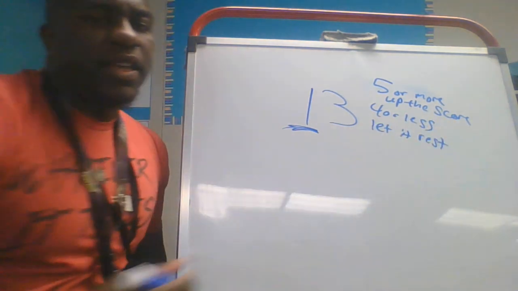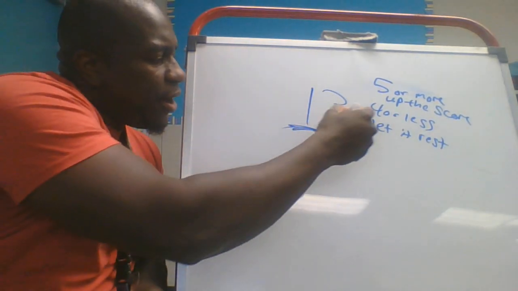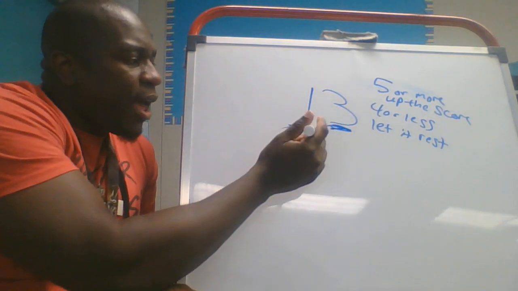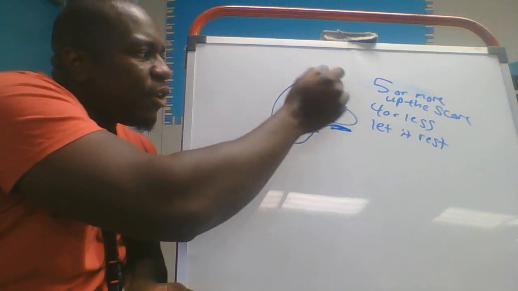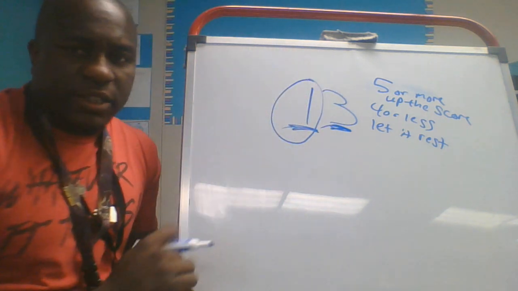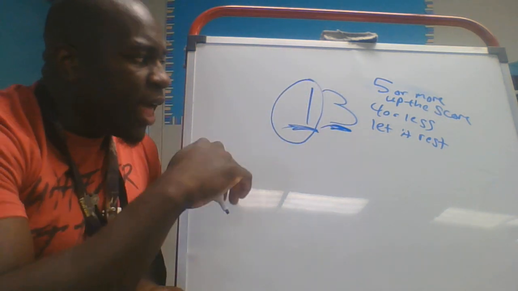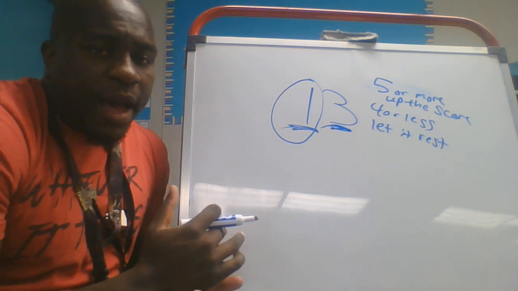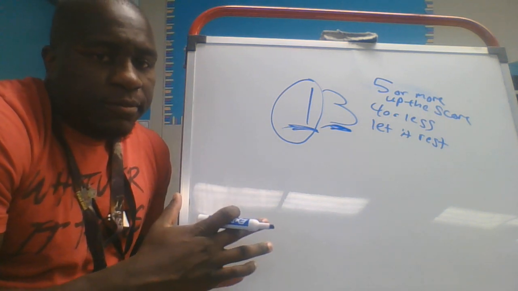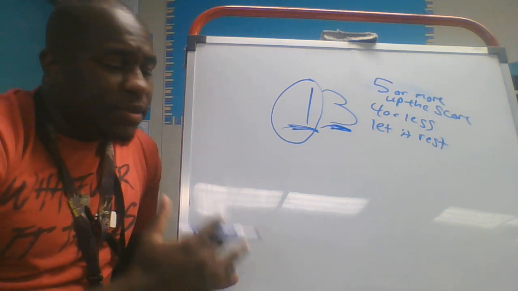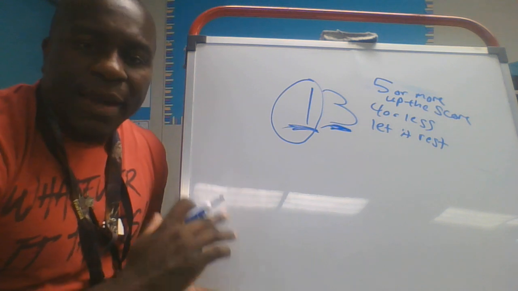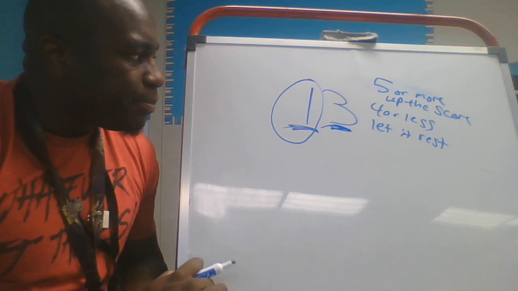So what this means is if the number to the right of the place value you're looking for is five or greater, then this number increases. If it's four or less, it's going to round down, or in some cases it'll stay exactly where it's at. That's the let it rest part of the rhyme.